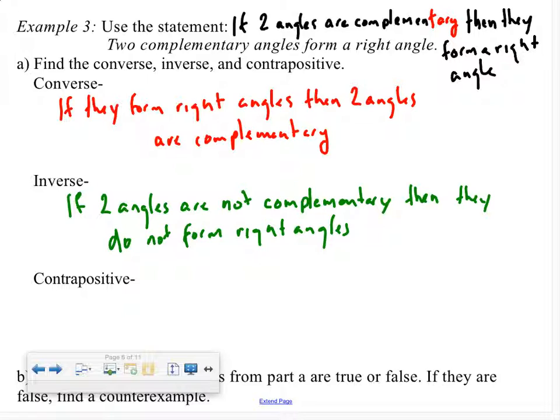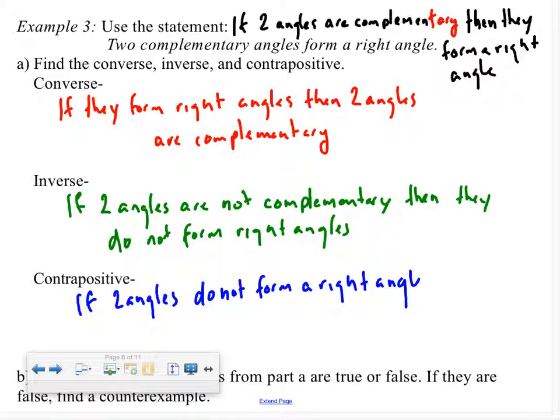And the last one, if two angles do not form a right angle, then they are not complementary.